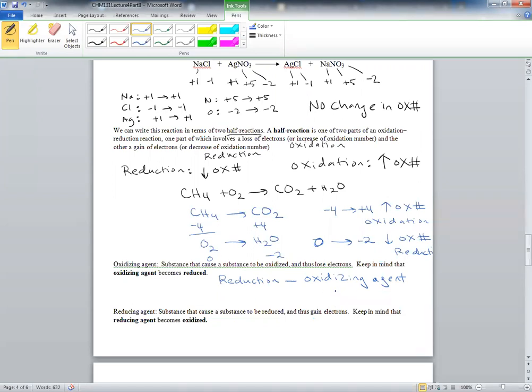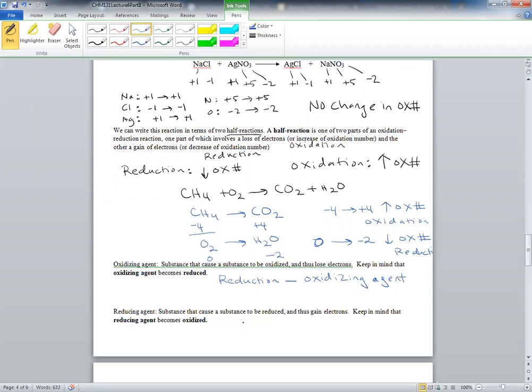So the oxidizing agent causes something else to lose electrons, but those electrons are taken by the oxidizing agent. Therefore, it undergoes a reduction. The reducing agent is the opposite. So this one causes the substance to be reduced and gains electrons. So again, reducing agents become oxidized.